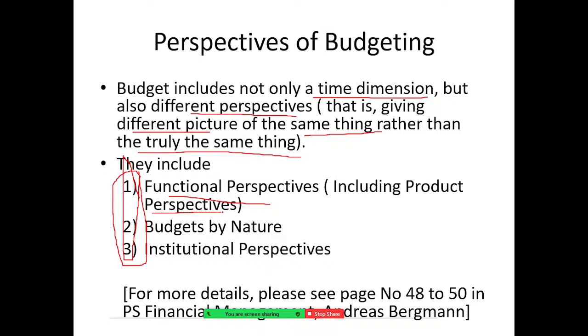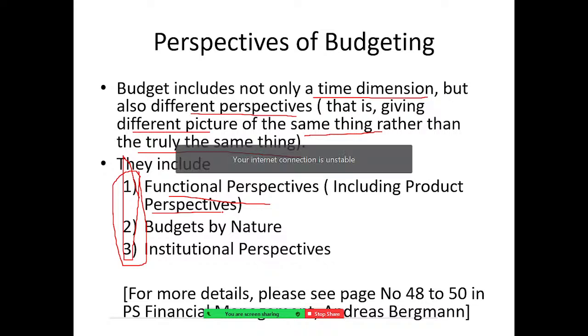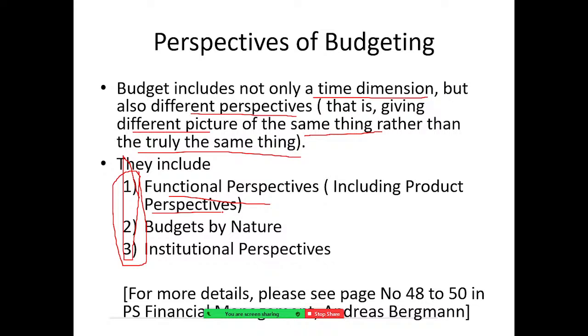And the institutional perspective: how the government allocates money for particular institutions, such as the cement factory, the state pharmaceutical corporation, the state trading corporation and the sugar manufacturing corporation. How much is allocated for universities, research centers and schools. So it's a different perspective. The institutional perspective, the nature perspective, and the functional perspective. These are the three.